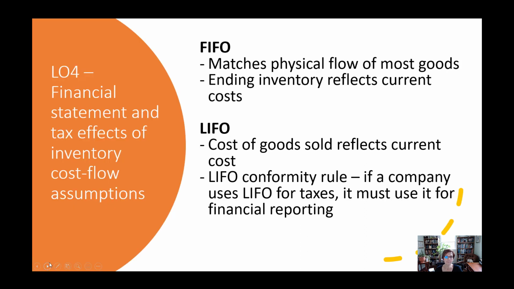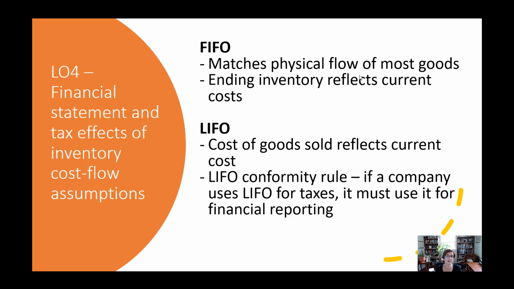All right. Okay, so remember that FIFO matches the flow of most goods, the physical flow. Remember that we're talking about inventory. It comes in and it goes out. What does the company usually sell? They sell the oldest things first, right? You're not going to sell the newest things first. But remember also that cost flow does not equal goods flow necessarily.